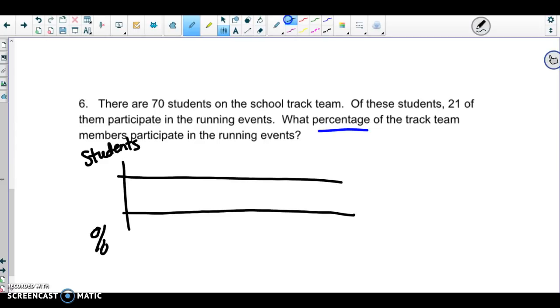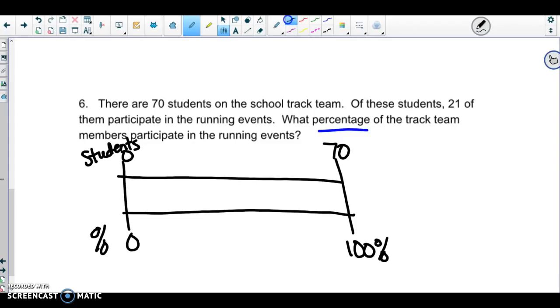And we have percentage. Well, if there's 0 students, it's 0%. What about 100%? Well, all of them on there, that's my total, my whole amount, that's going to be 70, because it says there's 70 students on the track team. All right, so now we need to figure out what percentage is 21. Well, if I count by 21s, it's not going to go into 70.